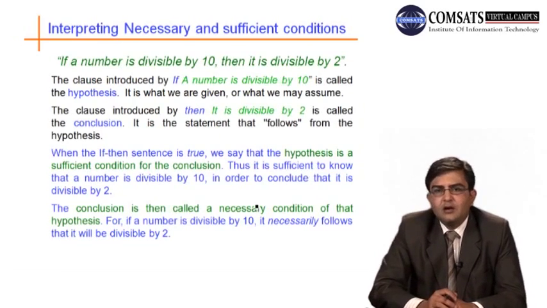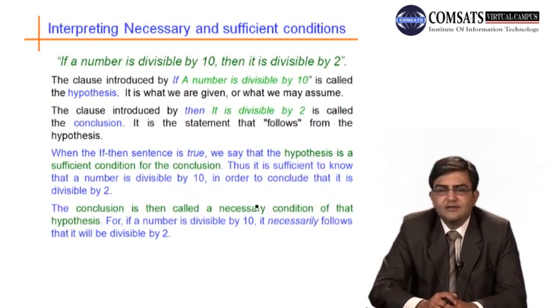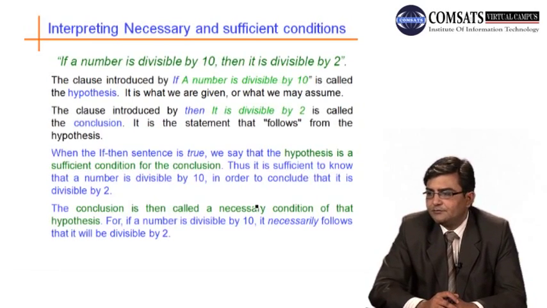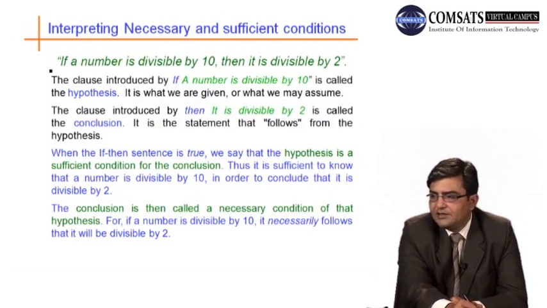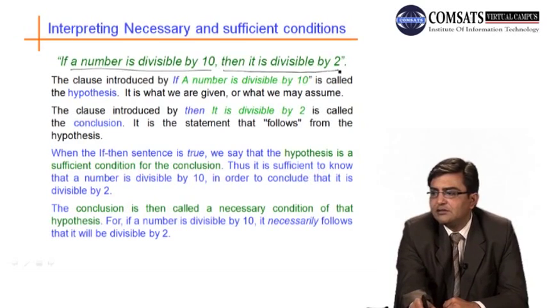The next topic is how we interpret necessary and sufficient conditions in logical statements or conditional statements. For example, if we have this proposition: if a number is divisible by 10, then it is divisible by 2.